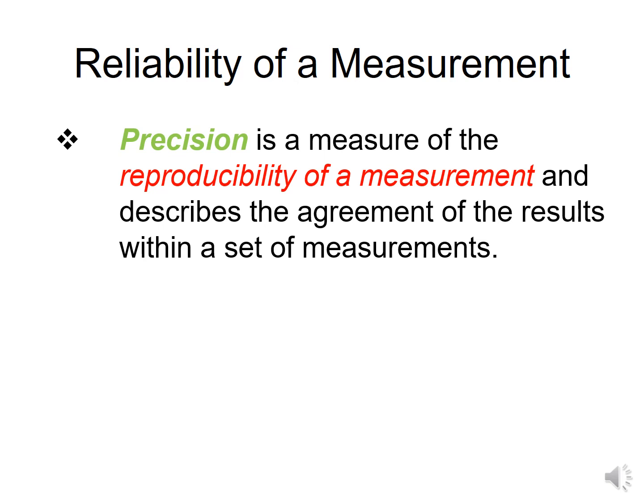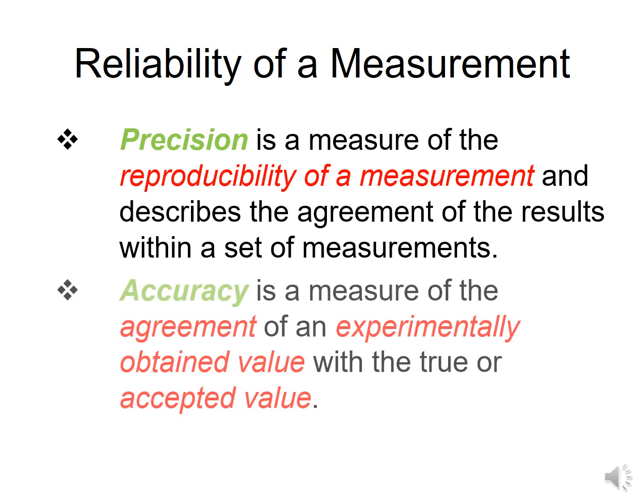Another measure of reliability is the accuracy of a measurement. And the accuracy is a measure of the agreement of an experimentally obtained value with the true or accepted value. So, if we go back to the balance example, let's say you weigh an object 10 times. You have a certain variability, and in order to account for the variability, you actually take an arithmetic average of the 10 measurements.